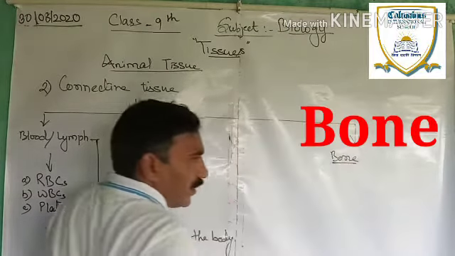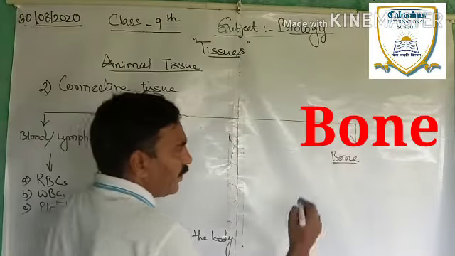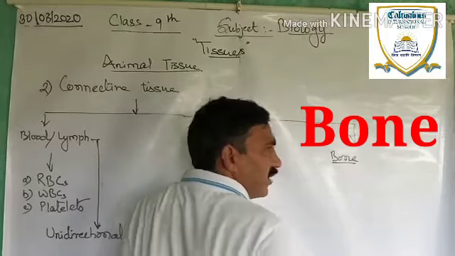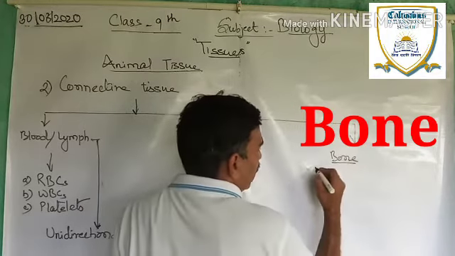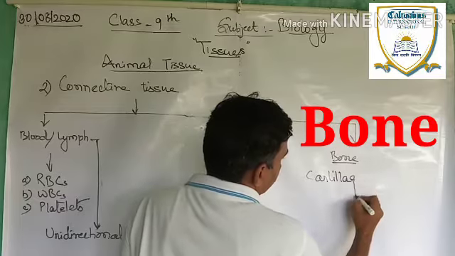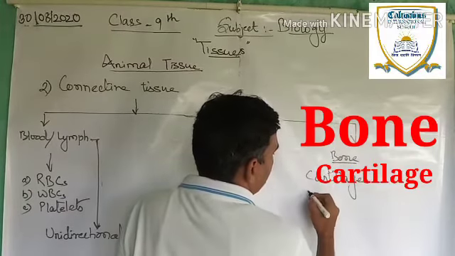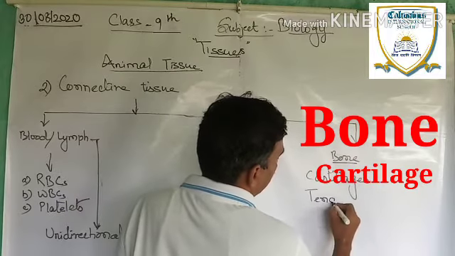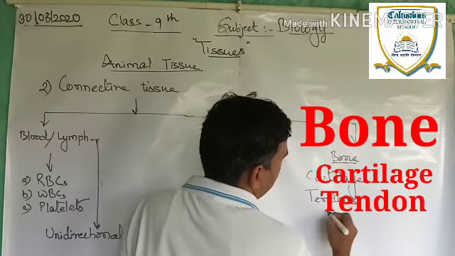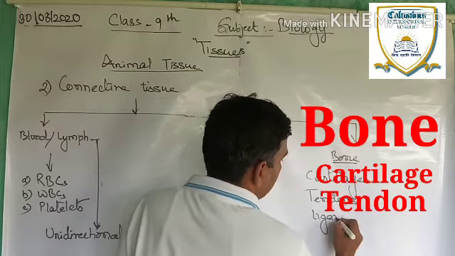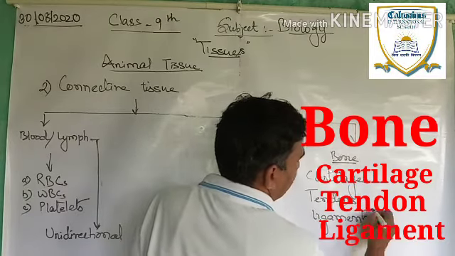Now again, there are different types of hard structures in our body because the bone constitutes the skeletal system. It also contains cartilages, tendons, ligaments.